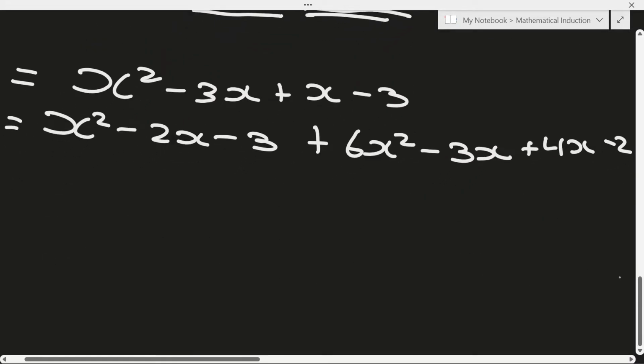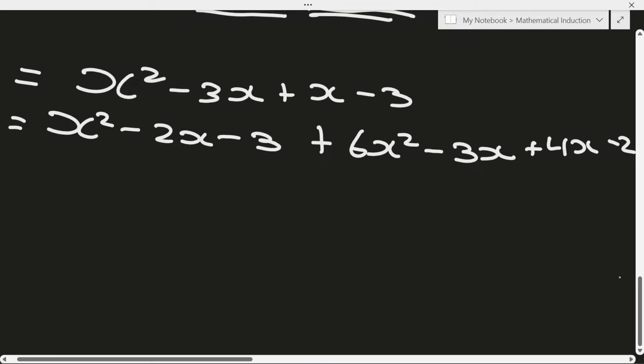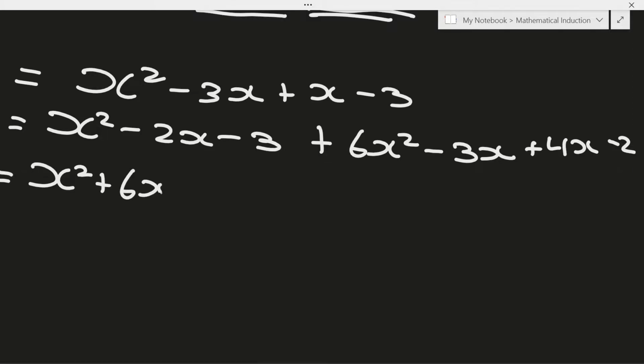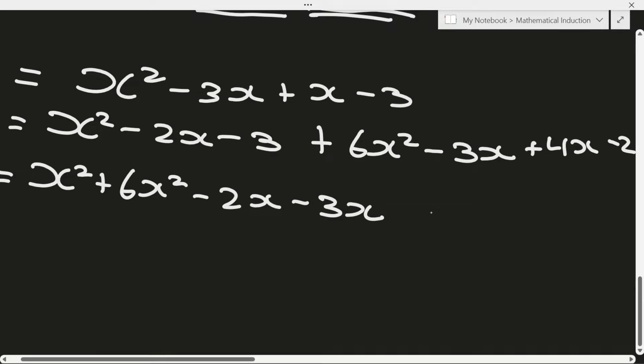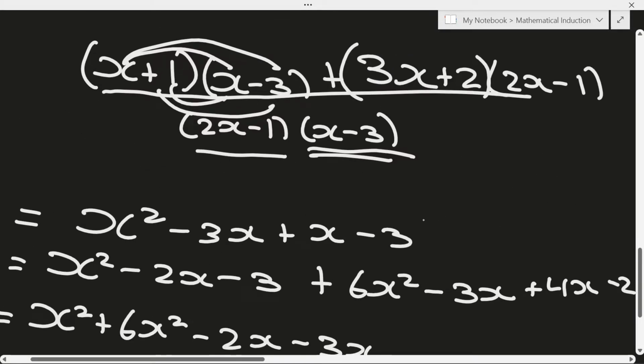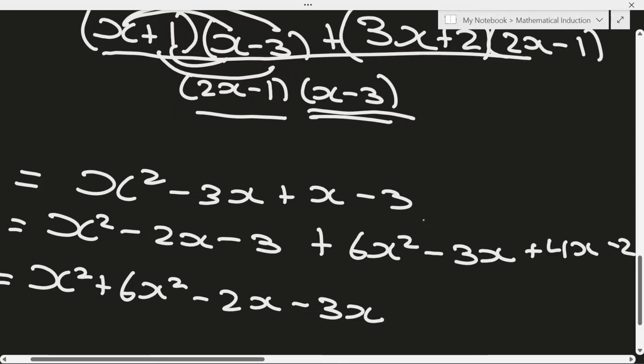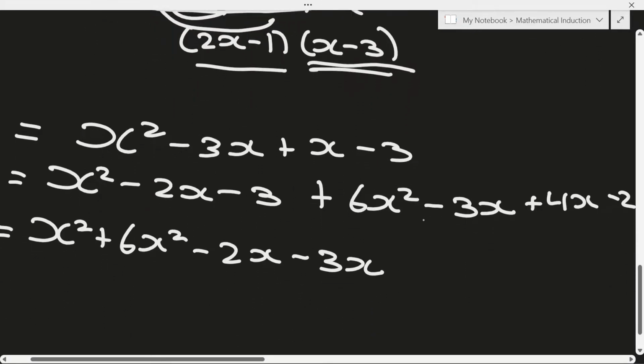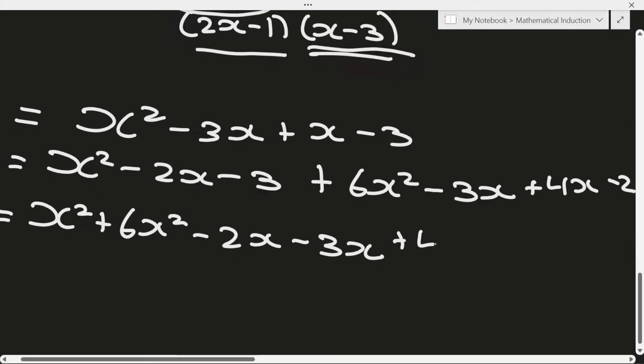Next, what we're going to do is group all the like terms. So we'll have x squared plus 6x squared, minus 2x minus 3x plus 4x, minus 3 minus 2.